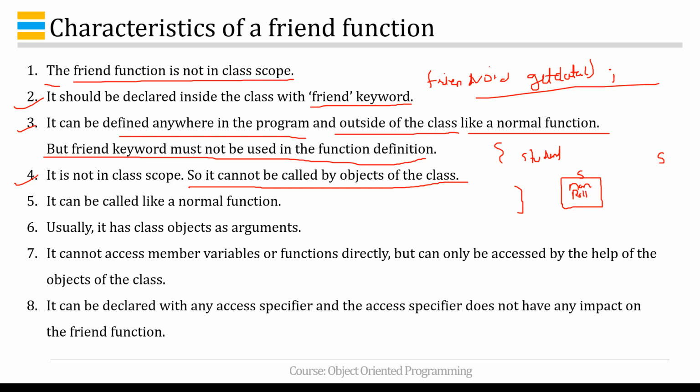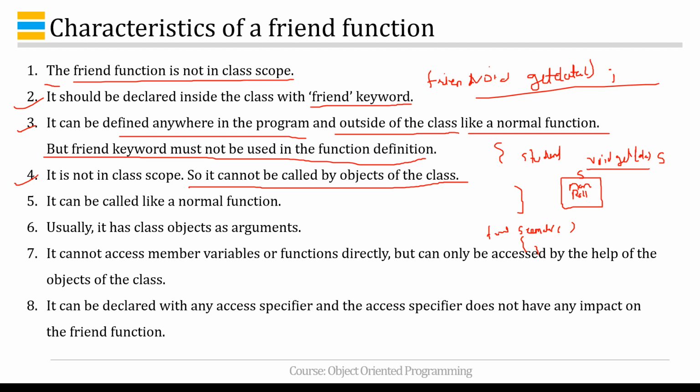Since the void getData function is inside the class, it is able to access the data of the class, right? But what about the friend function? Since the friend function is basically an outside function, suppose for example the cmarks function, it is an outside function, right? So that's why we declare it friend in the class, and do not use the keyword while defining it, that is, while writing the body of the function.